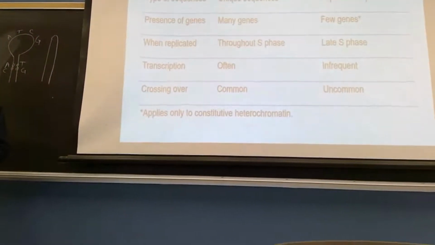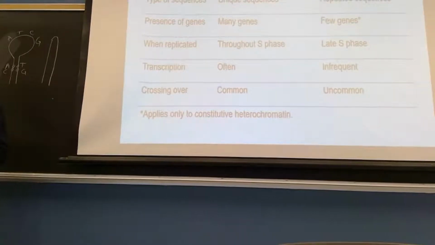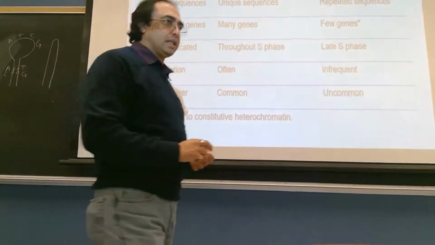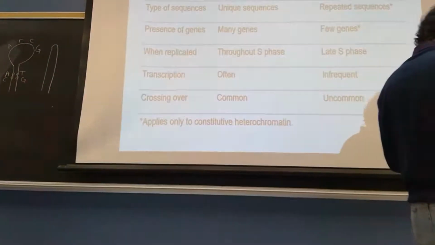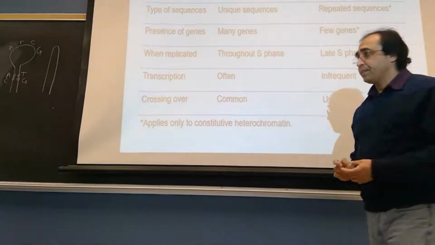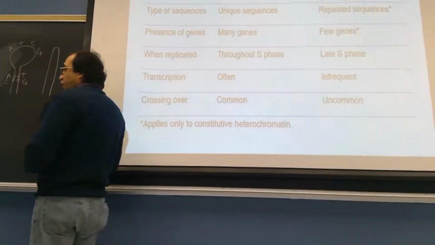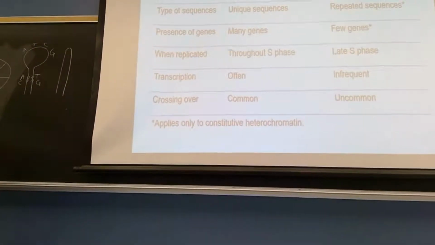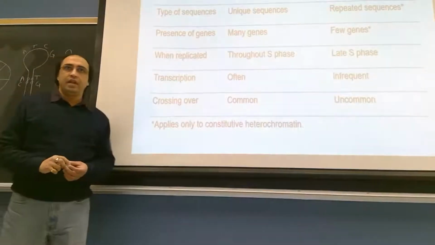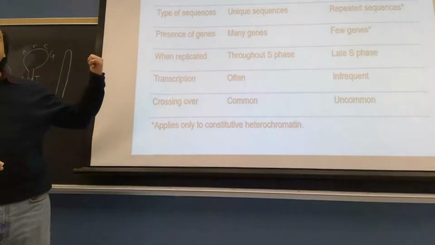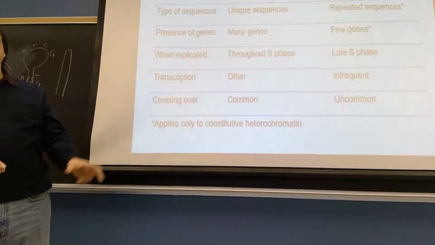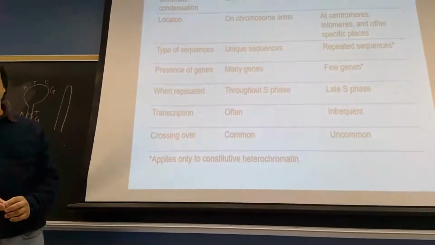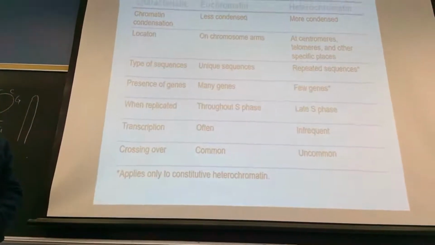The function of the telomere is to protect the chromosome, which means it should be tightly coiled, though telomeres contain some proteins sometimes, but not all the time. In euchromatin, the sequences are unique, meaning each gene has unique sequences. But in heterochromatin there are repetitive sequences. A particular sequence repeats from 100 to a million times, particularly in the telomeric part.